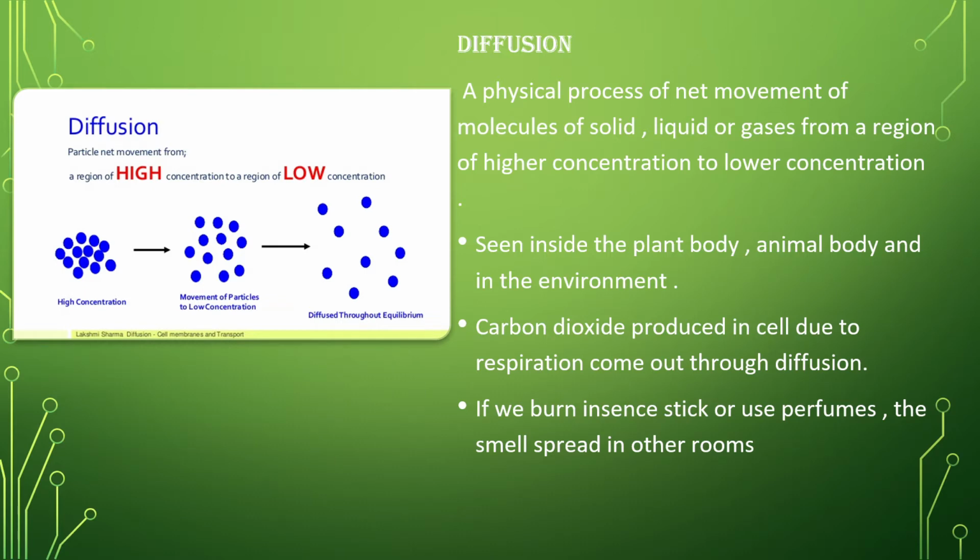What is the process of diffusion? It is one type of physical process of movement of molecules of solid, liquid, or gases from a region of higher concentration to a lower concentration.